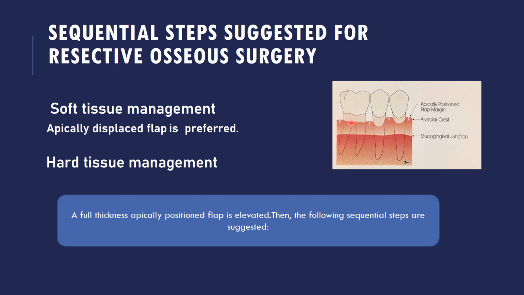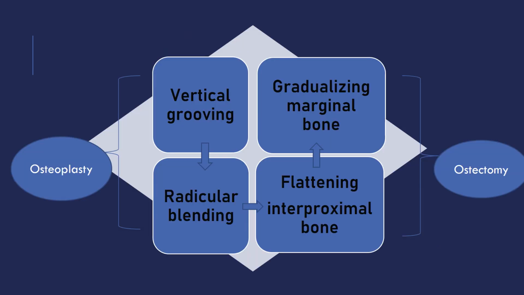If a full thickness apically positioned flap is elevated, then the following steps of resective osseous surgery are conducted. Not all steps are necessary in every case, but a sequence is necessary to expedite the reshaping procedure as well as to minimize unnecessary removal of bone. It is not mandatory to go for every procedure, but you can order them.